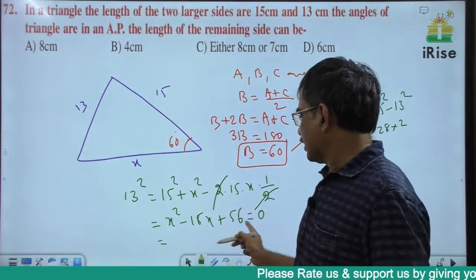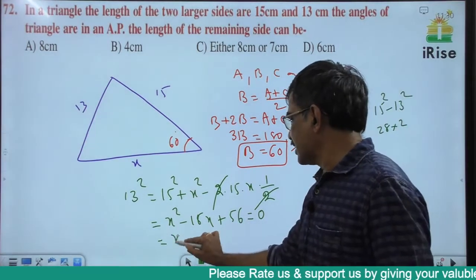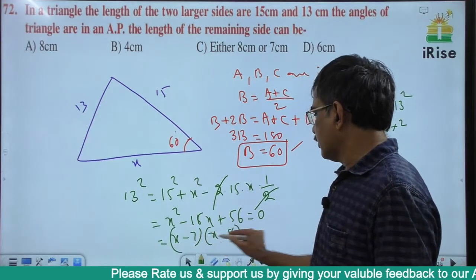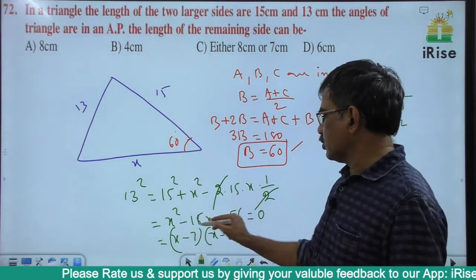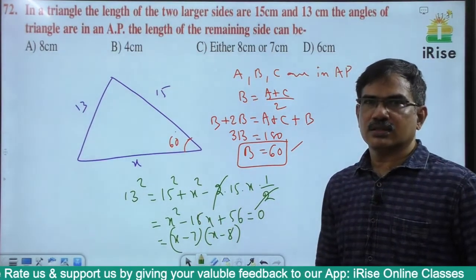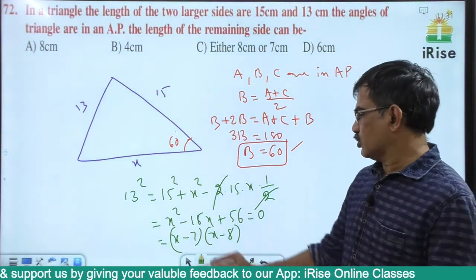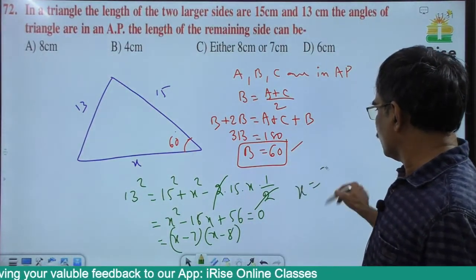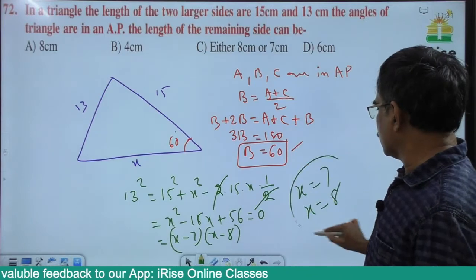Here this can be factorized. This is nothing but (x minus 7) into (x minus 8). 7 8s are 56, 7 plus 8 is equal to 15. Sum of the roots 15, product of the roots 56. Factorization. So x is equal to 7 is one answer, x is equal to 8 is the other.